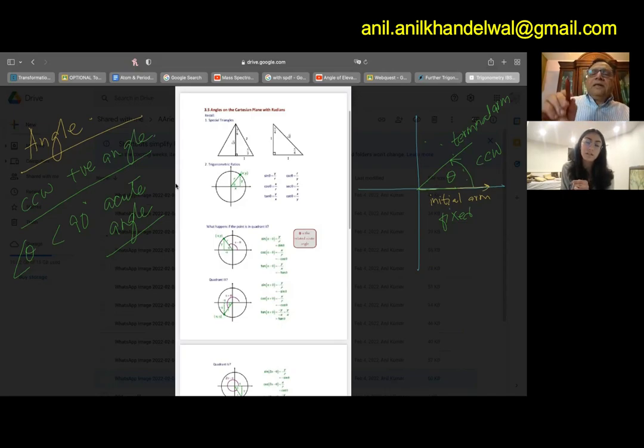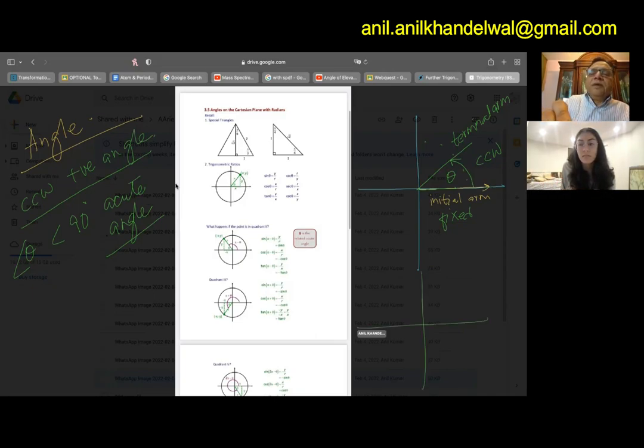Now, the main point: if I define x, y, and r on a circle, then sine theta is the ratio y over r. Now, if the value is the same, then sine theta will be the same, correct?